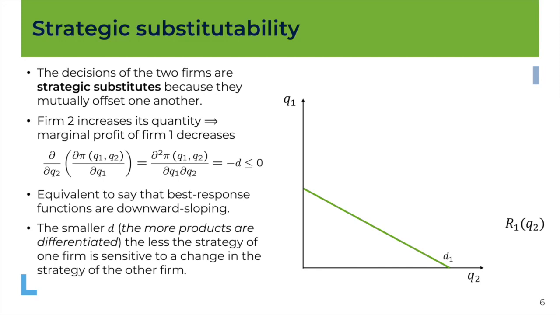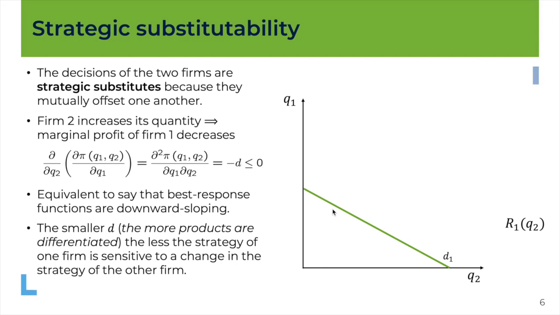So the profitability of increasing my quantity becomes smaller the larger the quantity the other firm is putting on the market. This is in words what is being said here. And this is equivalent to saying that the best response functions are downward sloping. This is what is represented here. If q2 increases, the reaction of firm 1 is to decrease q1.